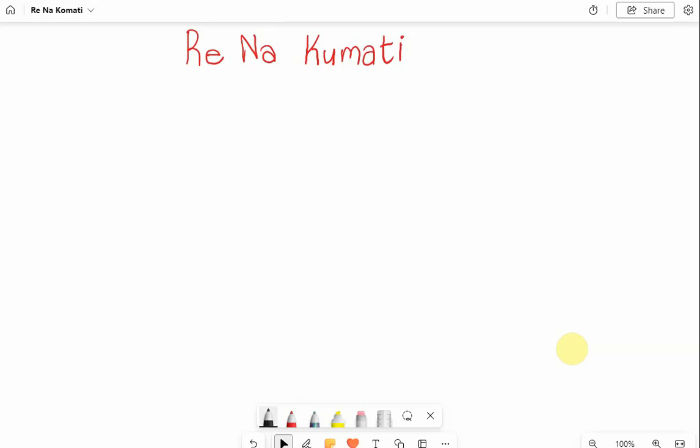And we bring you this yet another installment in a series of Re Na Kumati in comparison to Setswana-Sesotho languages. And we have some great news for those who speak the Nguni languages that we have decided to bring you, in the not so distant future, comparisons between the Nguni and Komati language.